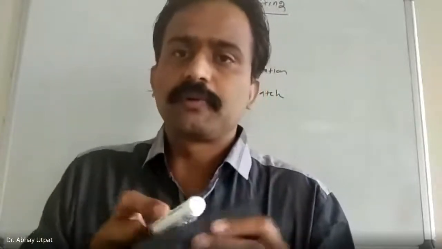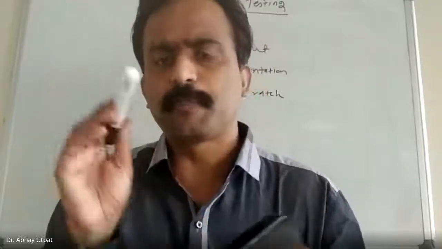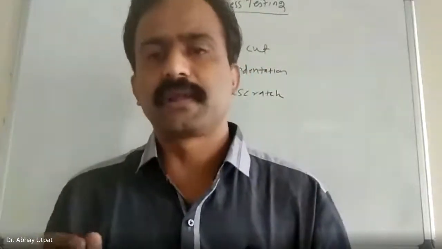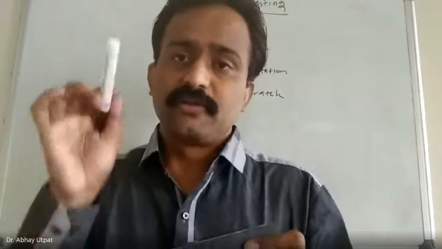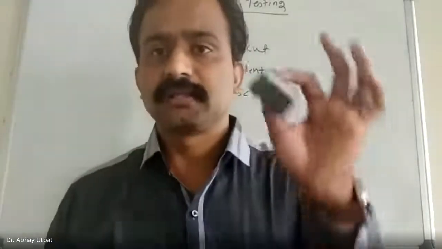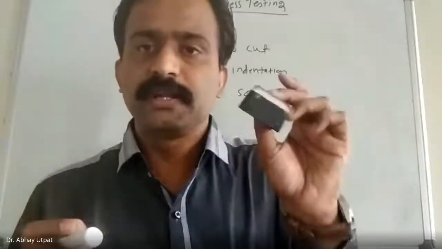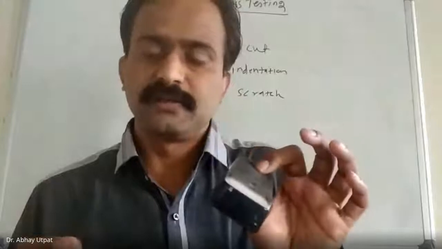If you apply pressure or try to remove the material with the file, but you are unable to remove the material, and your file is not able to give a scratch mark on the specimen, then we can definitely say that this surface is harder than the file. And then you can say, on an indirect basis, hardness is more than 50 RC.